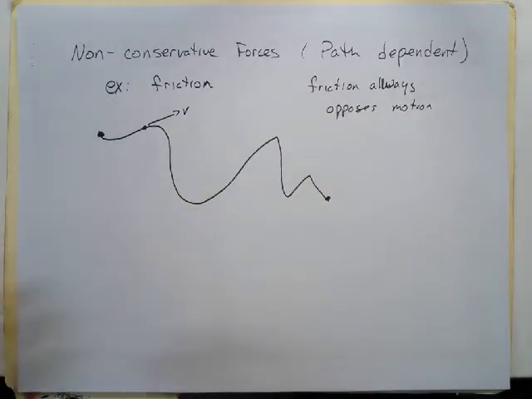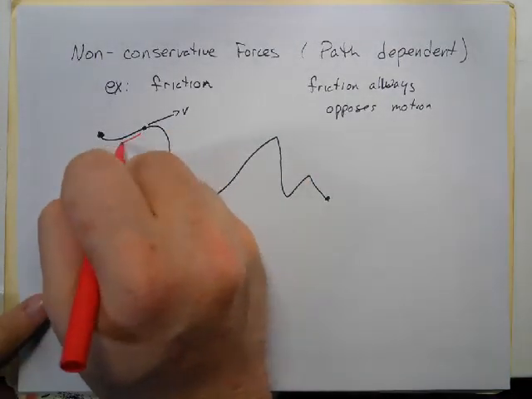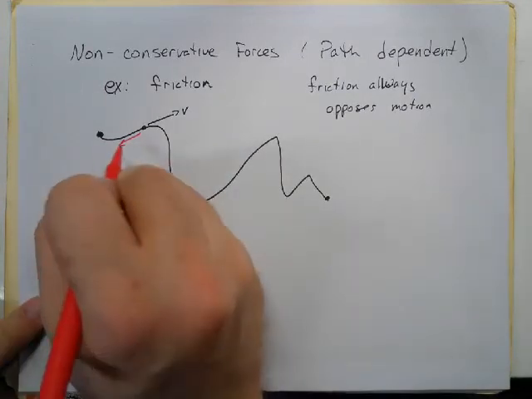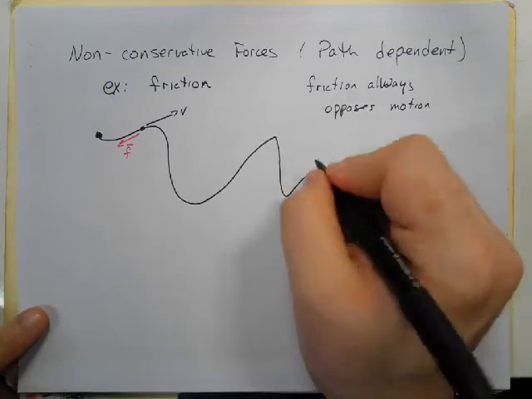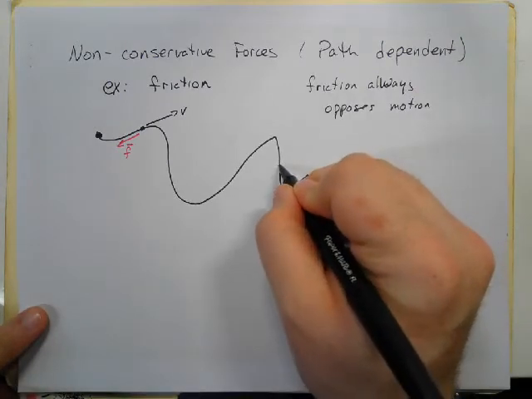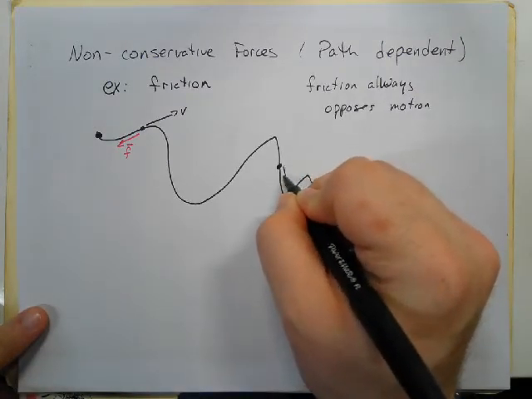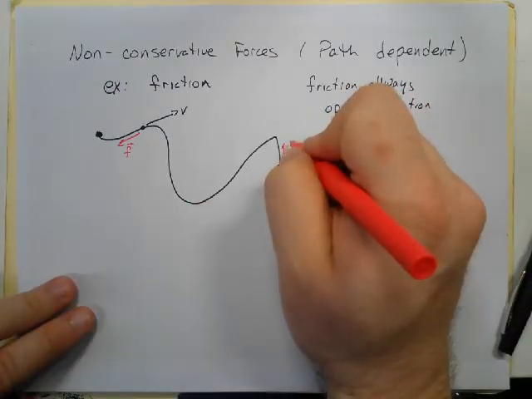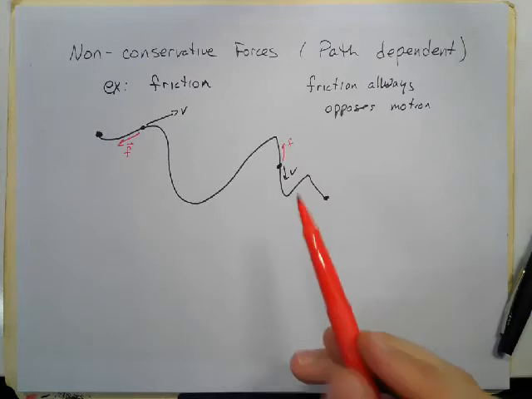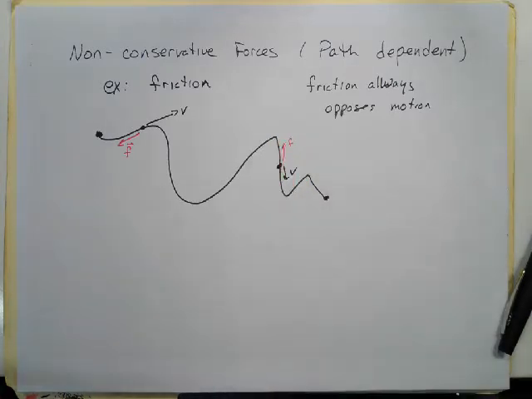The velocity is that way, and so the frictional force must be that way. We pick another point. Let's say we pick this point over here, and our velocity is that way, and so our frictional force is that way. Those are supposed to be in a straight line along that graph.